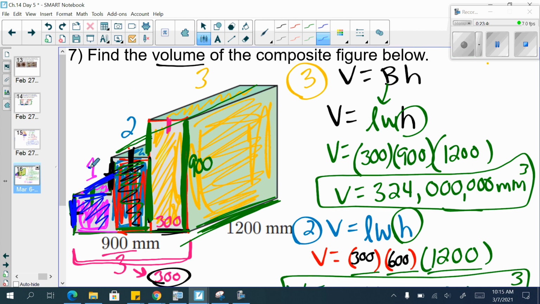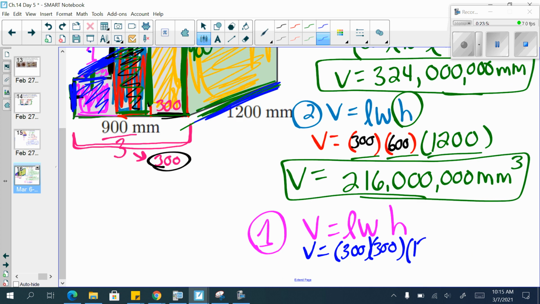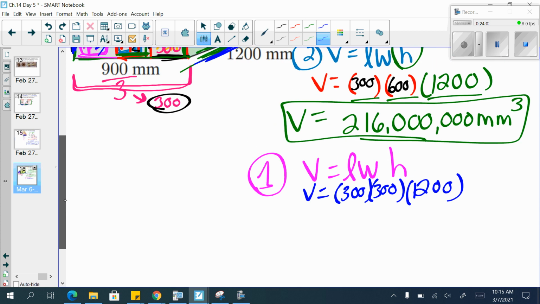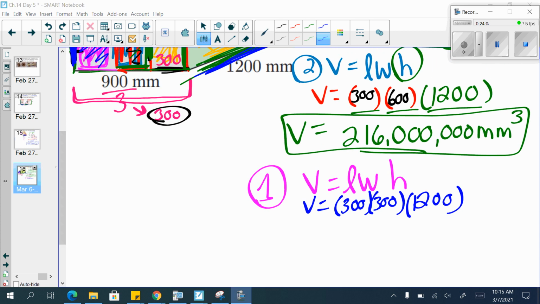These kind of look like steps. Picture walking up the steps in real life. The length of this step is going to be all the way across, like the top one in the front and middle one. It's going to be 1200. So you're doing 300 times 300 times 1200. And that's going to give you 108 million cubic millimeters.